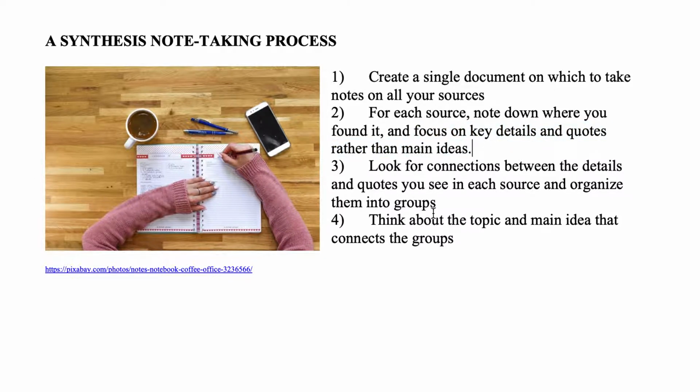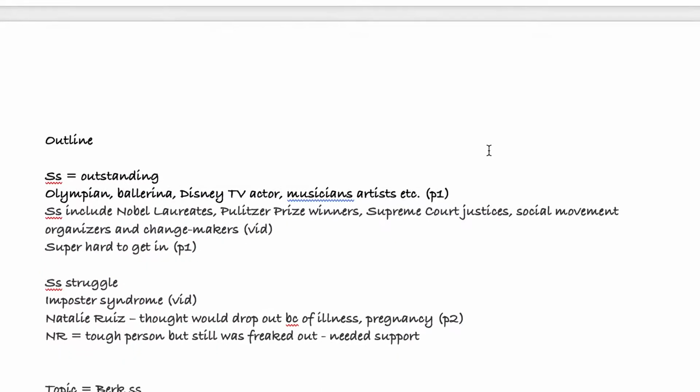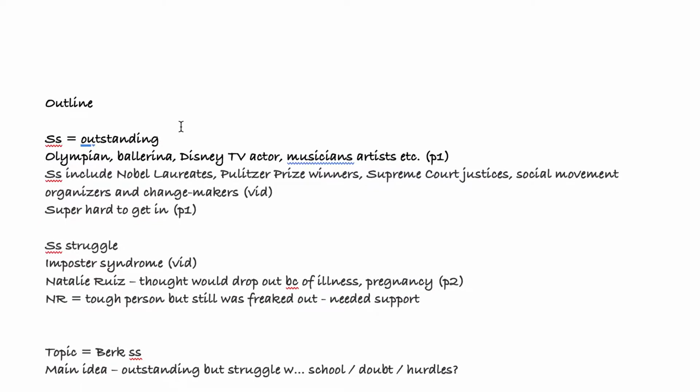Here's the thing: once you've got details and quotes, you can start looking for connections between them. It's easier to see the connections if you're thinking concretely rather than abstractly. Let me show you what this looks like. You've got all these different sources, 3 of them, but there's some connections between them. For instance, these sources talk about the students at Berkeley being outstanding or special in some way.